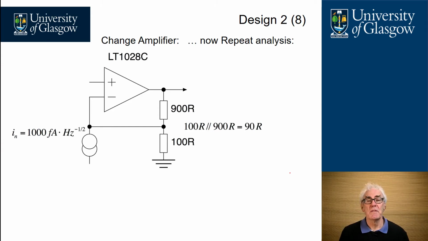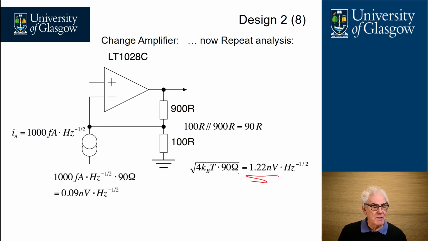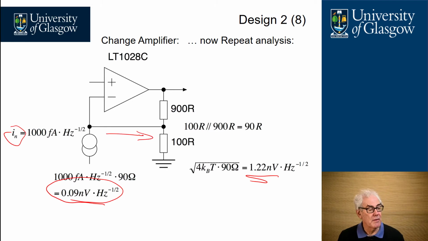Exactly the same as we did with the TL071, but this time we will use the parameters for the LT1028C. From our feedback resistor, because we've now gone from 900 ohms down to 90 ohms, we have reduced the noise contribution from the feedback resistor from about 3.86 nanovolts per root hertz down to about 1.2 nanovolts per root hertz. Similarly, we've also reduced the contribution from the noise current flowing into the 90 ohm resistor because it's a much lower impedance, so we've effectively improved it overall.